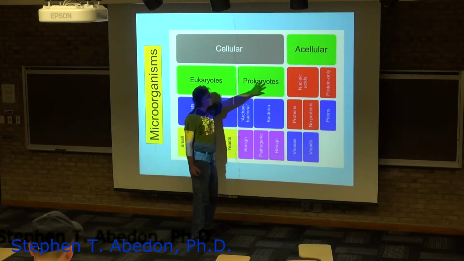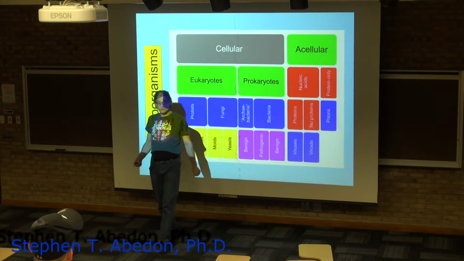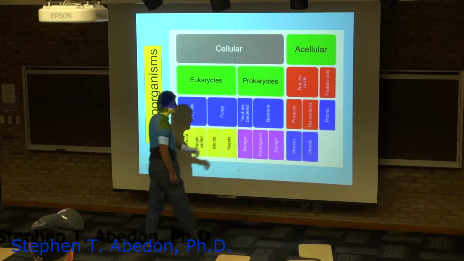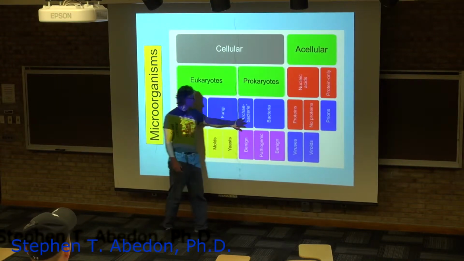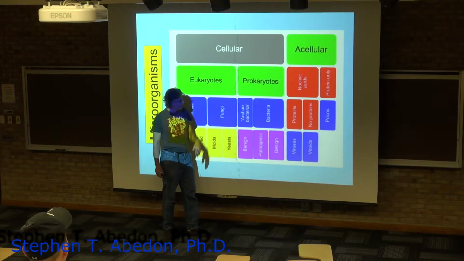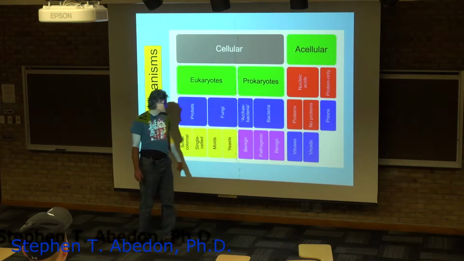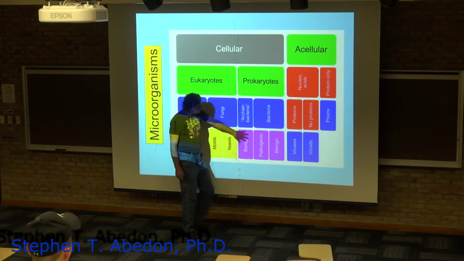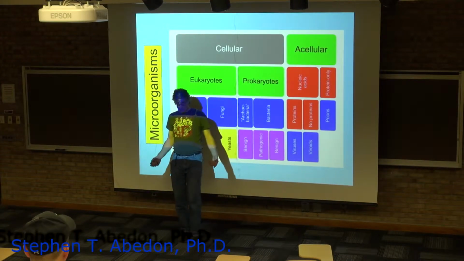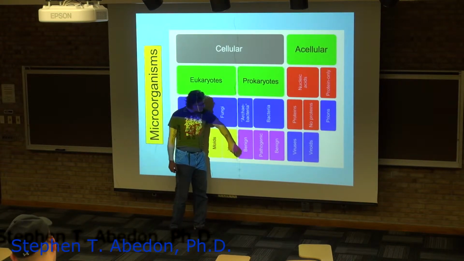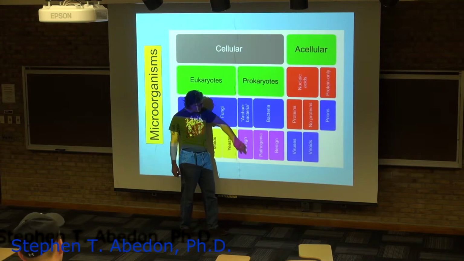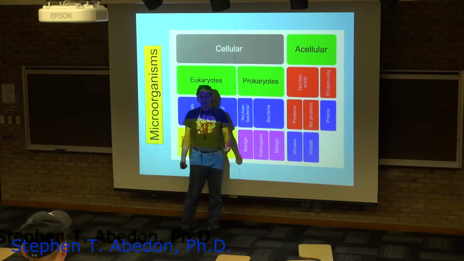Among the prokaryotes, there's actually two basic groups. One's called simply the bacteria. The other one is called the Archaea. They used to be called the Archaea Bacteria. And these can be differentiated in a number of different ways, but one of them is whether or not they cause disease. Benign means not disease-causing.